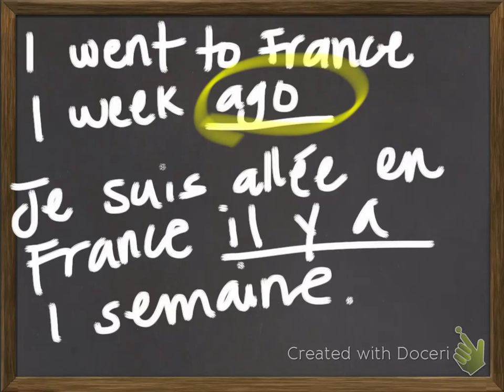In French, I would literally say I went to France ago 1 week. So you would have to say je suis allé en France il y a une semaine. So that il y a, when it takes the ago meaning, has to come before your date.